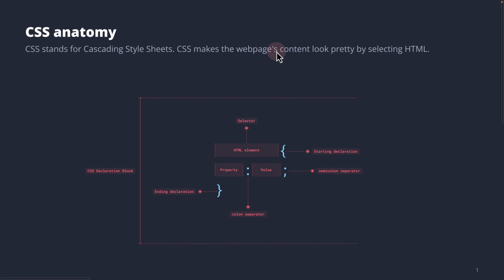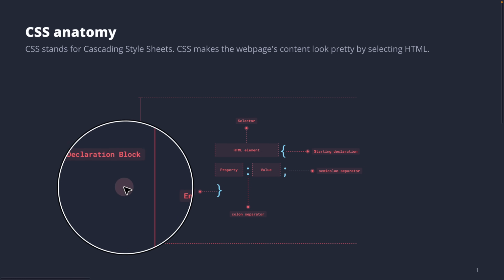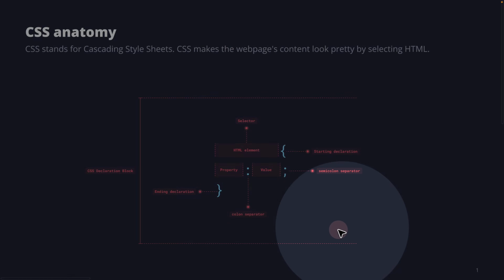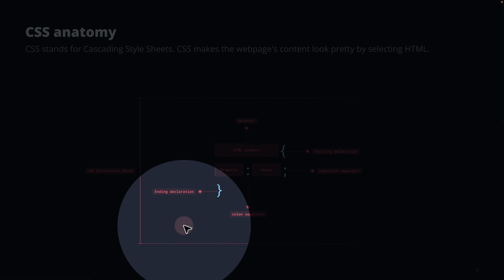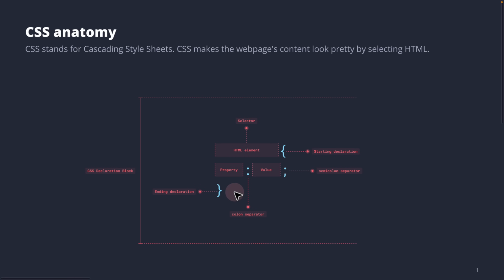Step 11. But before we get so much deeper into CSS, I just have to give a brief overview of how CSS works. If you decide to create your CSS declaration, this entire thing is called a CSS declaration block. In HTML, we have our tags with less than sign, greater than sign.